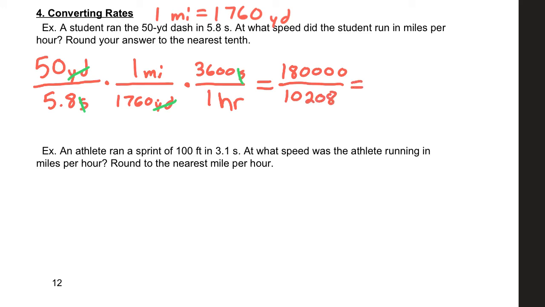So then my final set of work here is to divide these two values. For this, I'm going to round again to the nearest tenth. This is about 17.6 miles per hour. Miles were left on the top, hours were left on the bottom. So 17.6 miles per hour.